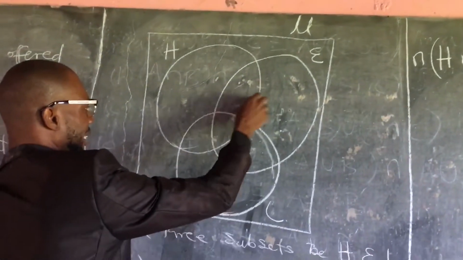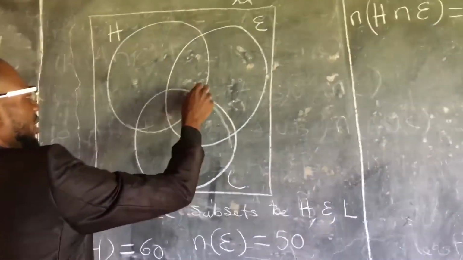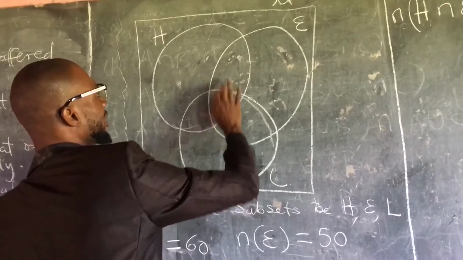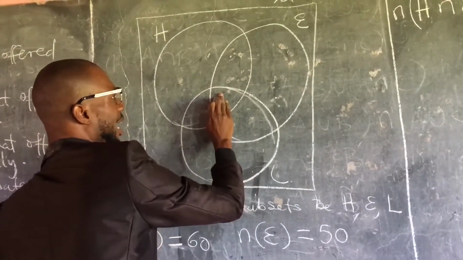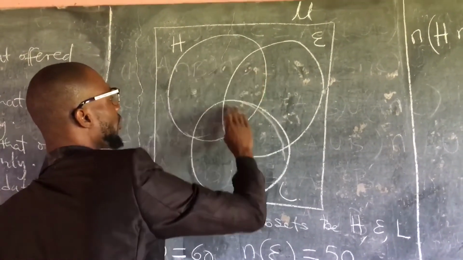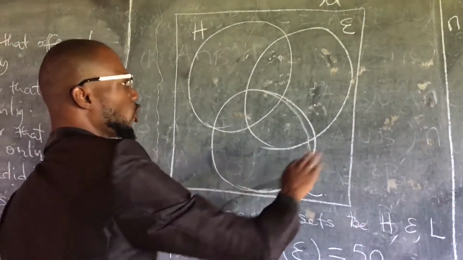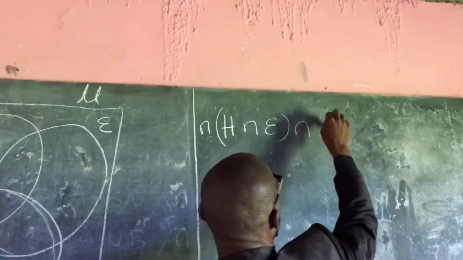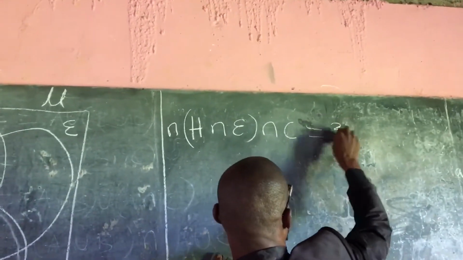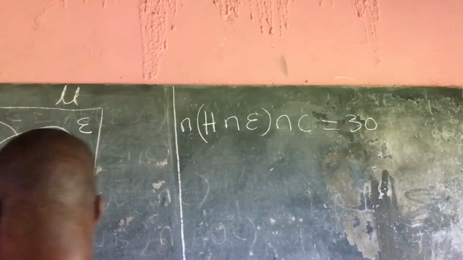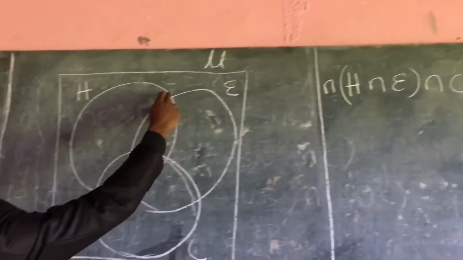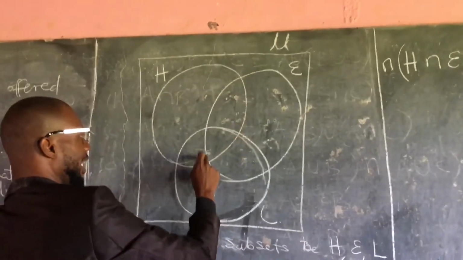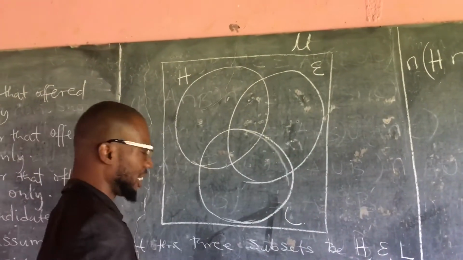If you remember our last class, where these two intersect is everything here, so that is the 30. But because everything here still joins C, we make it like this, H intersect E, and it still intersects C. So everything here and the 30.